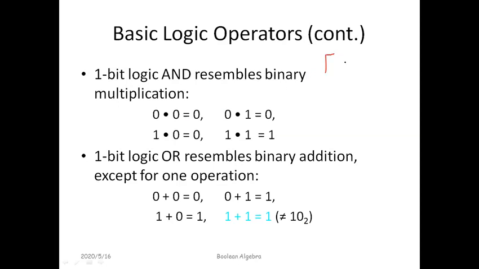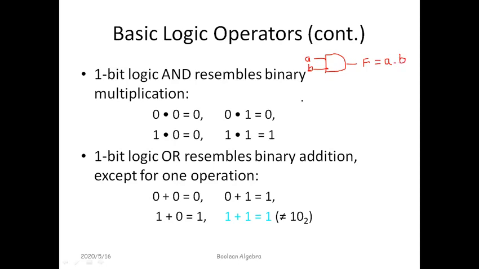This symbol, A, B, then we have F. Whenever we see this symbol, let's remember two switches connected in series. We've illustrated several times now that this is A dot B.